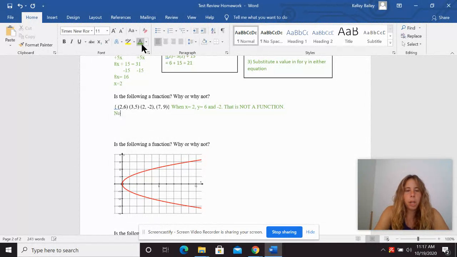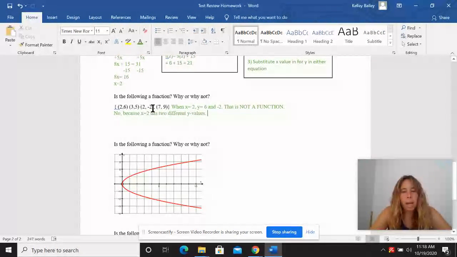So we're going to write no, because x equals 2 has 2 different y values. Okay, so that is not a function. When x equals 2, its y is 6. X's have to be exclusive. It cannot have another y value related to it. Nope. Okay, so no, it is not a function.